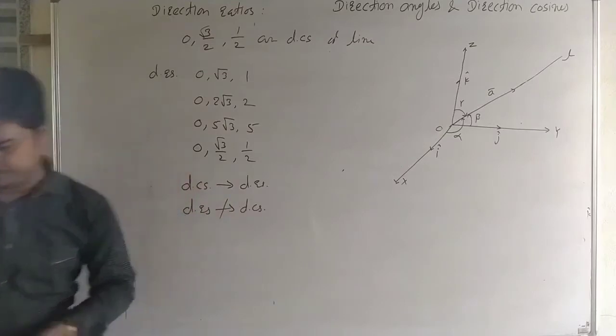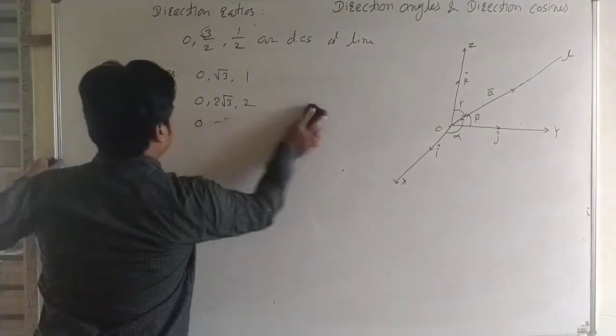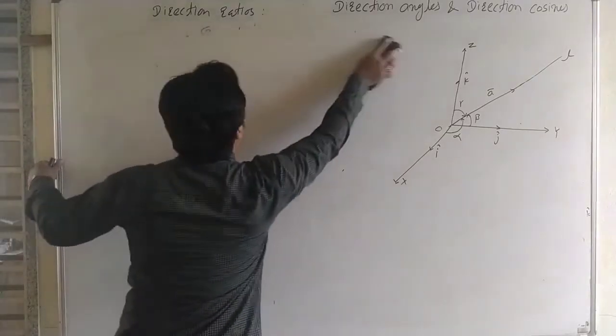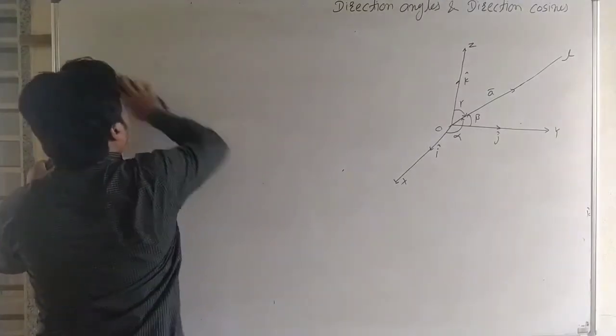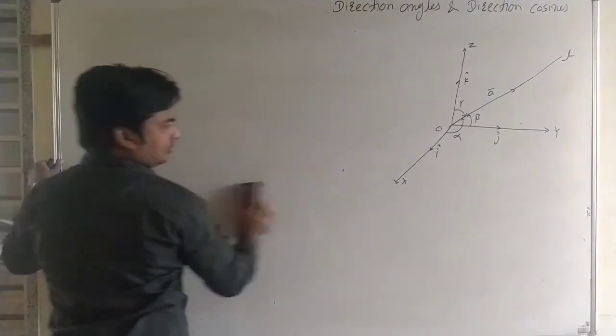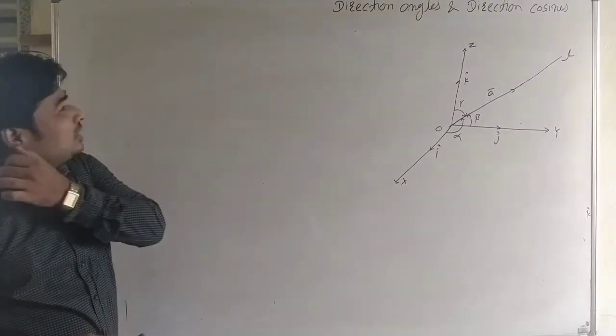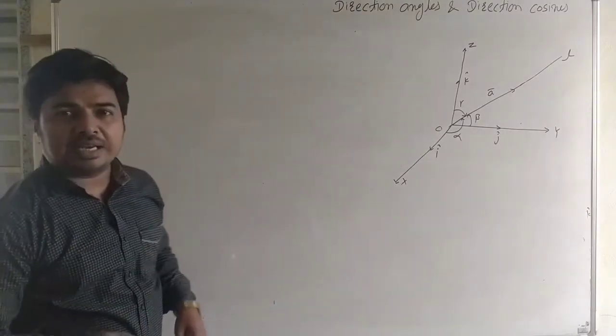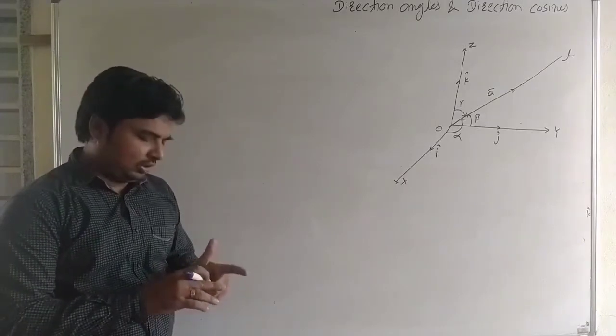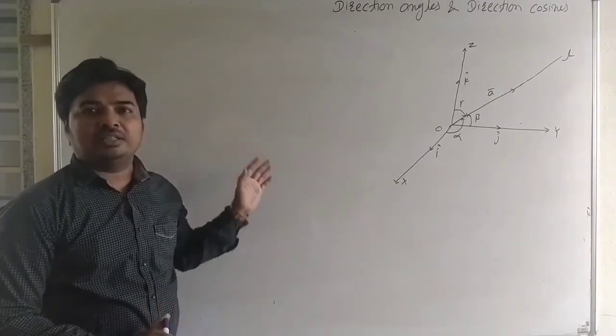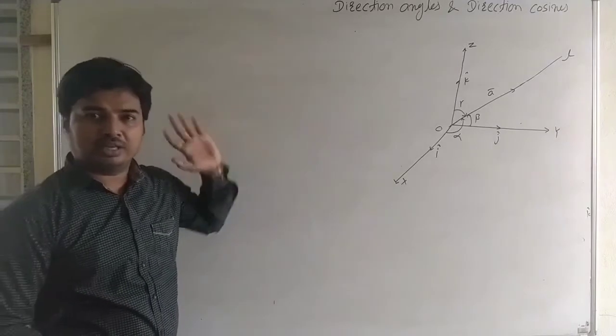See carefully now. Here we know that the components of the unit vector are the direction cosines, and the components of the vectors are the direction ratios, which are proportional to the direction cosines.